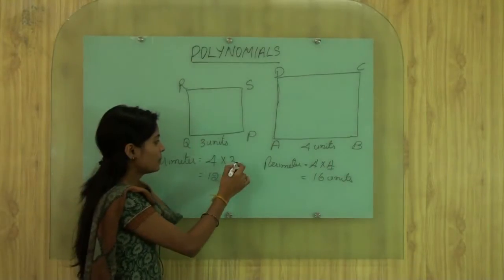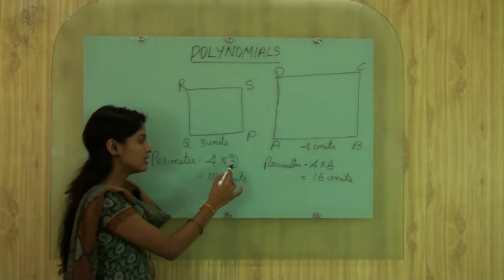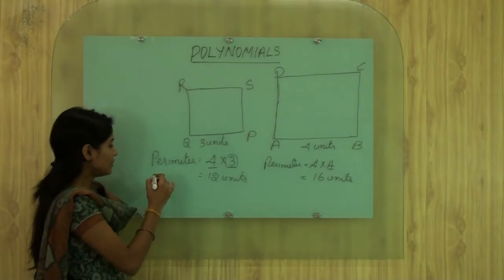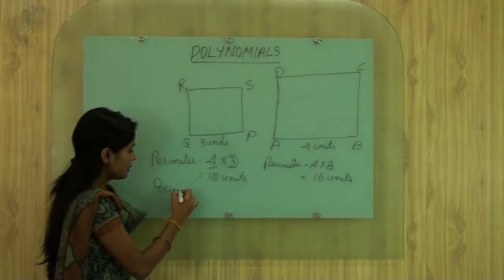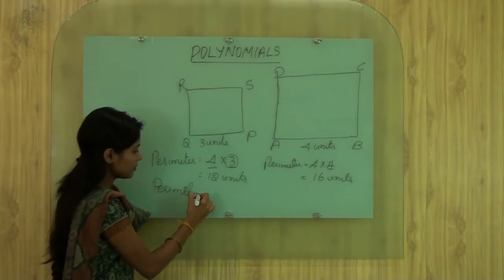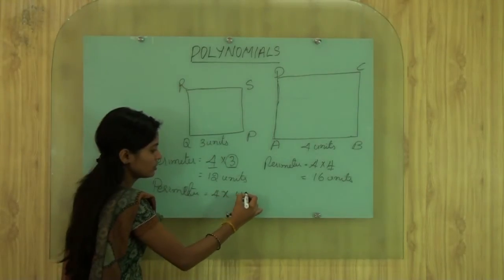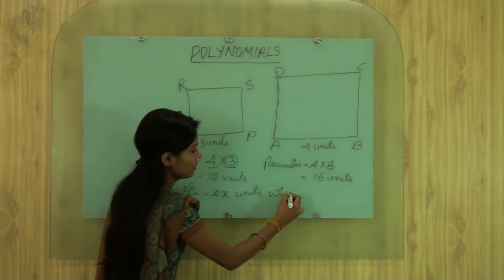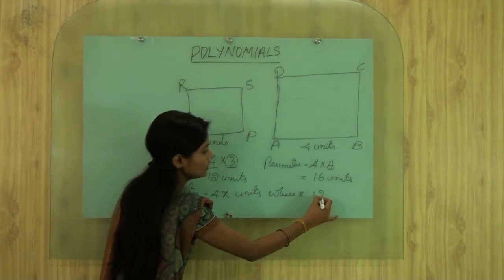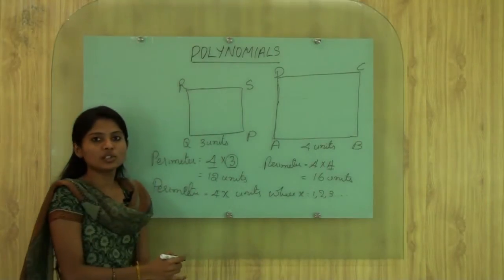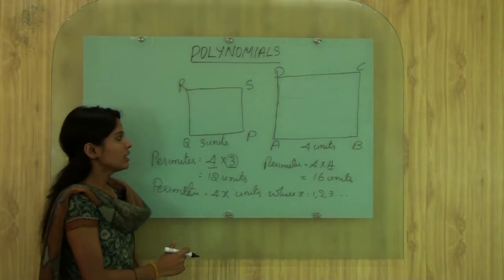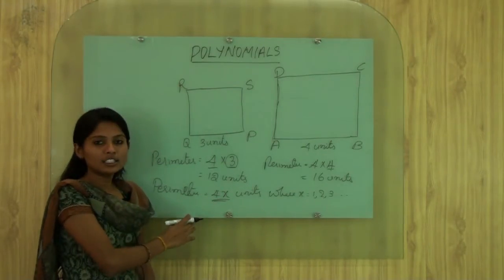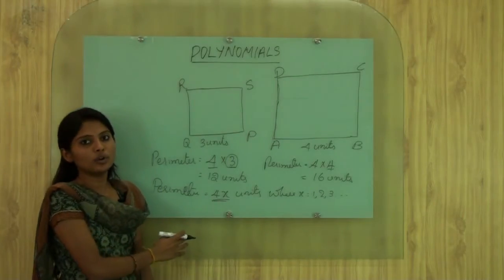So we'll take this as a variable and this as a constant, and we can say that the perimeter of a square can be calculated by the expression 4x units, where x is 1, 2, 3 and so on, based on the length of the square. This expression is called an algebraic expression, or also called a polynomial.